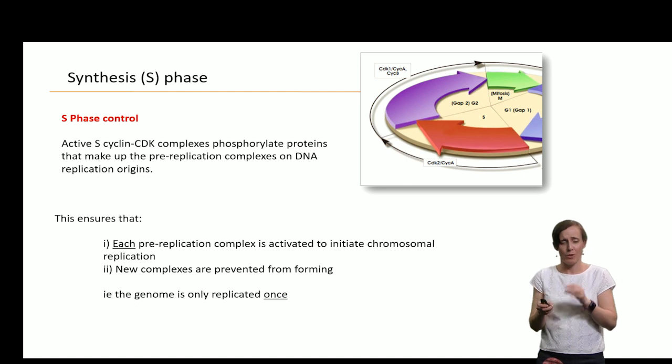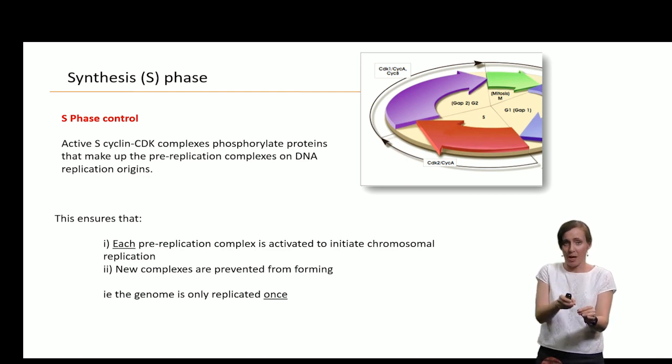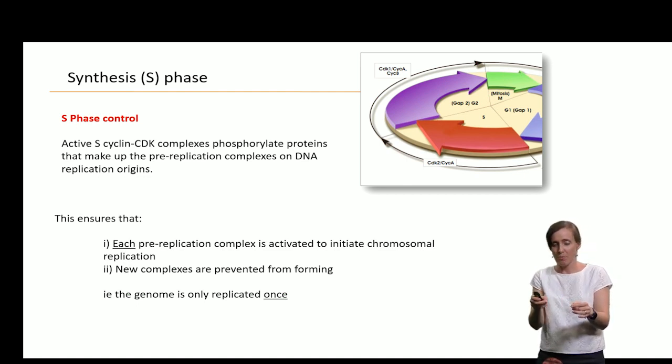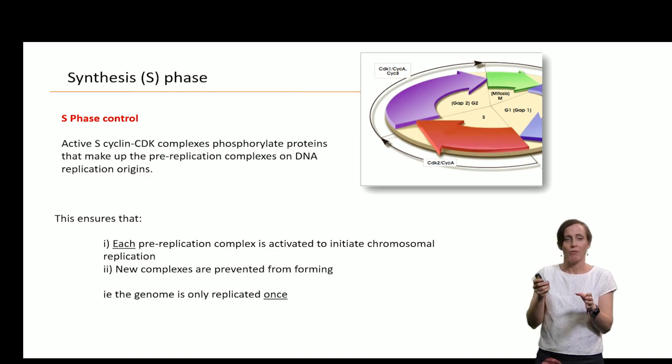Part of it happens in G1, the rest happens in S phase, and then it moves away, and the pre-replication complex cannot be formed again until after the cell cycle is completed. This means new complexes can't be formed, so the genome can only be replicated once, because you don't want it replicated twice, or random bits of DNA replicated a second or third time. You just want one replication.